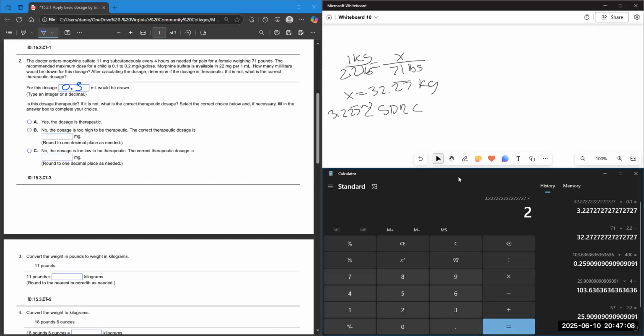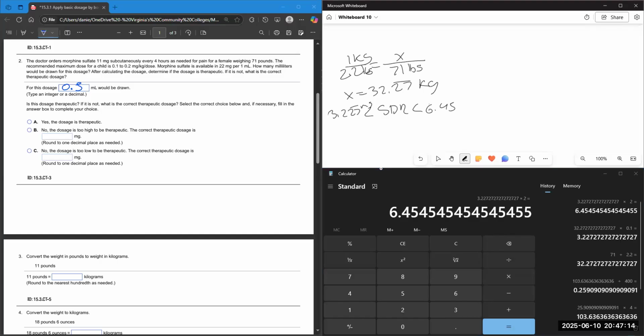Multiply this by 2 so that it would have been multiplied by 0.2 instead of 0.1. This is 6.45 repeating milligrams, and 11 milligrams, which was prescribed, is way bigger than 6.4, 6.5, right? So no, it's not safe. It's outside of therapeutic because it's too large.